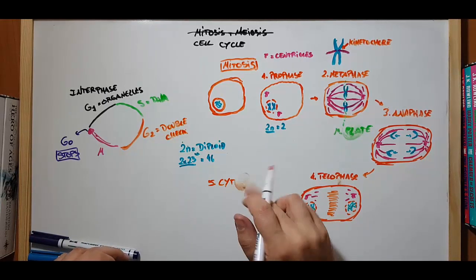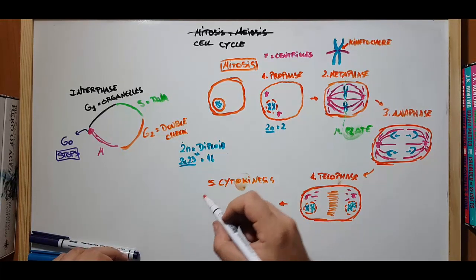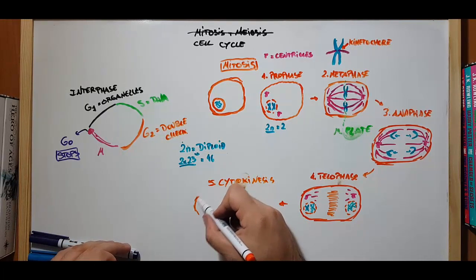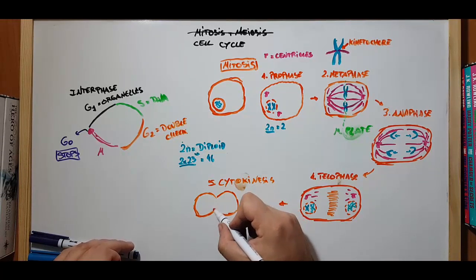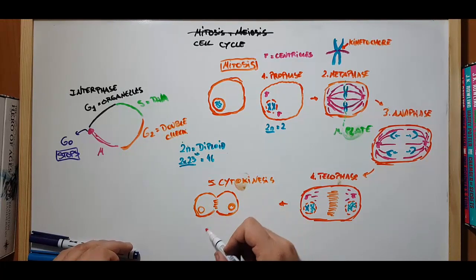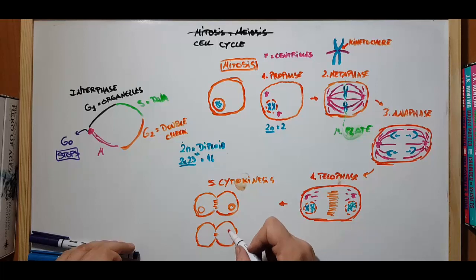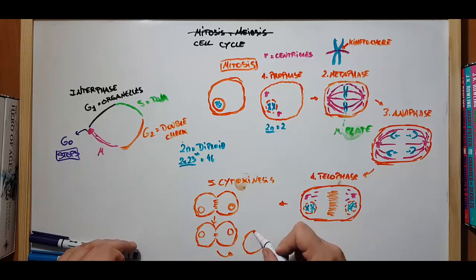That is the cytokinesis. In the cytokinesis, the elongated cell is going to become thinner in the middle, with the nucleus, and it's going to become thinner and then it's going to divide.